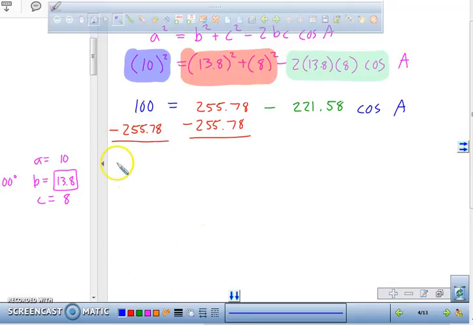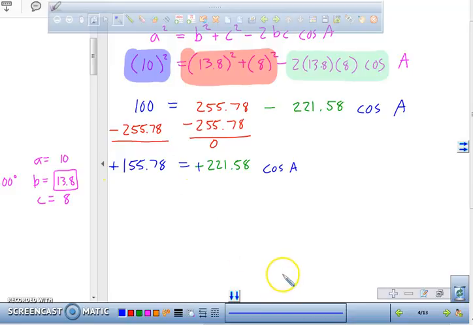Now this is going to give us a negative 155.78, which is going to equal negative 221.58. This zeroes out. Times the what? Times the cosine of A. Now what did we say about if we had negatives on either side of the equal sign? Those eventually will just cancel each other out. Just going to put a plus.